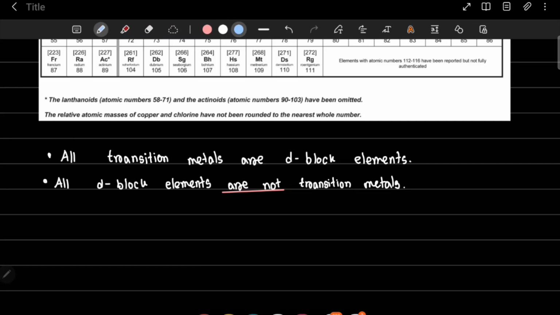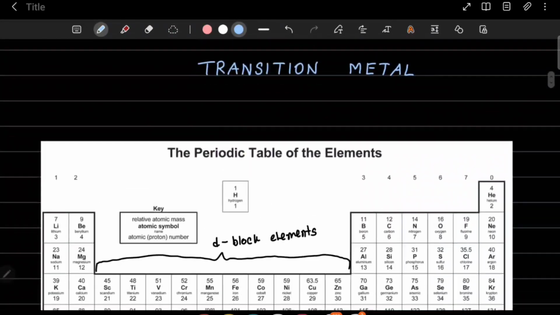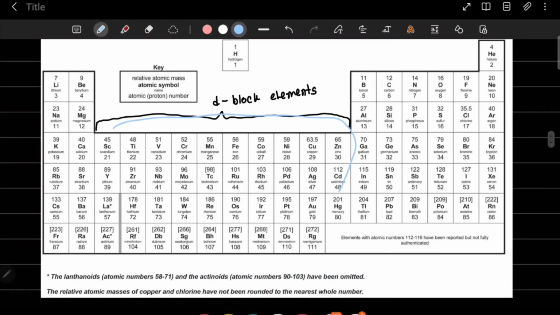Now, if you want to know why they are called D block elements, it's because for elements in this region, their last or highest energy electron fills the d subshell.